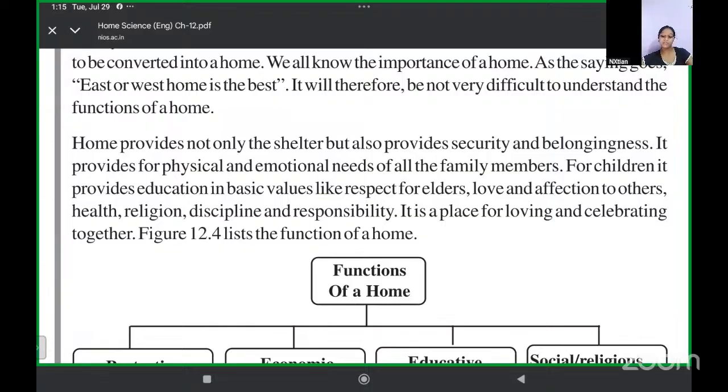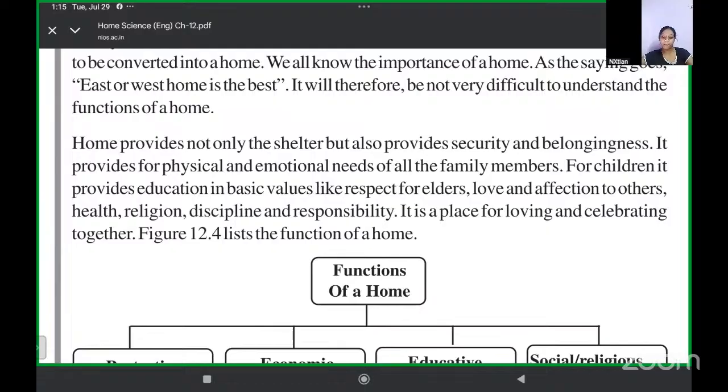It provides for physical and emotional needs for all the family members. Physical needs means the need for shelter, food, and everything we get from our home physically. Emotional needs are the needs of love, affection, bonding, caring for each other. Our home provides all of these physical and emotional needs.